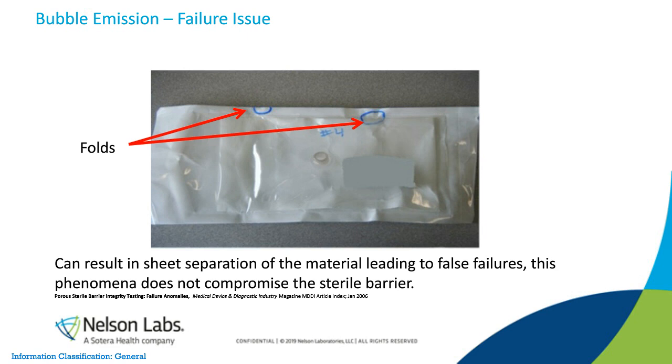While the barrier may be significantly reduced, there's usually some material left. A dye migration test or perhaps high-powered magnification can be used to confirm whether the bubble test failure is from a channel or from sheet separation. The best practice here would be to use the right size pouch so that you don't have to fold the pouch and avoid this problem altogether.